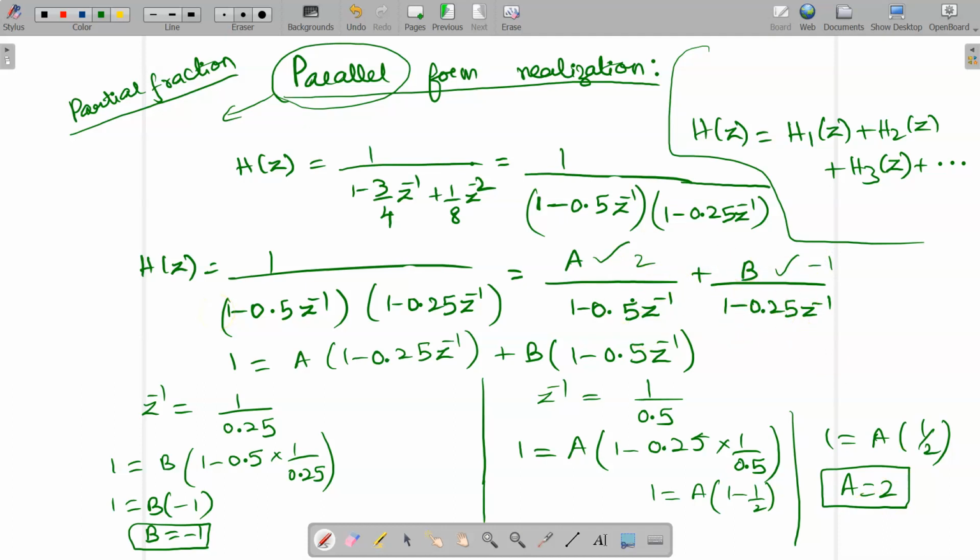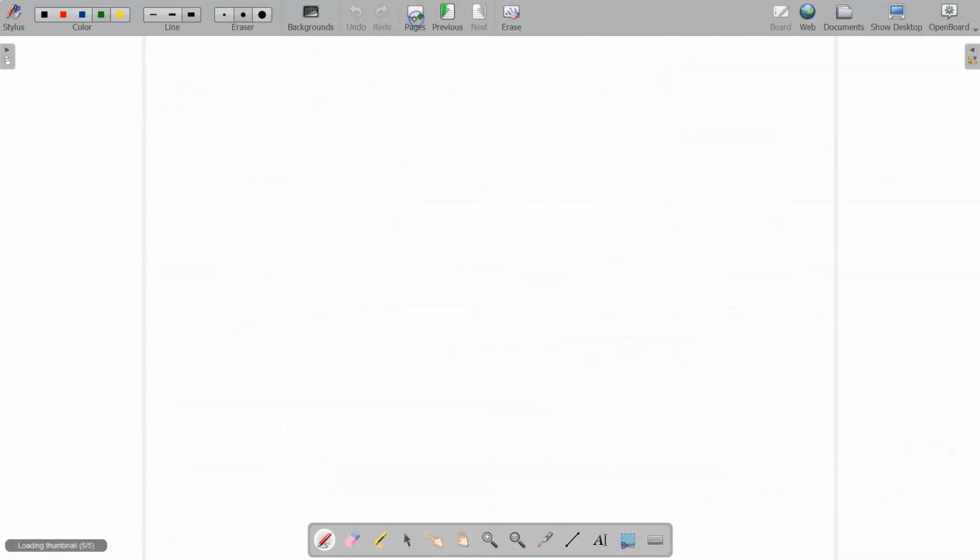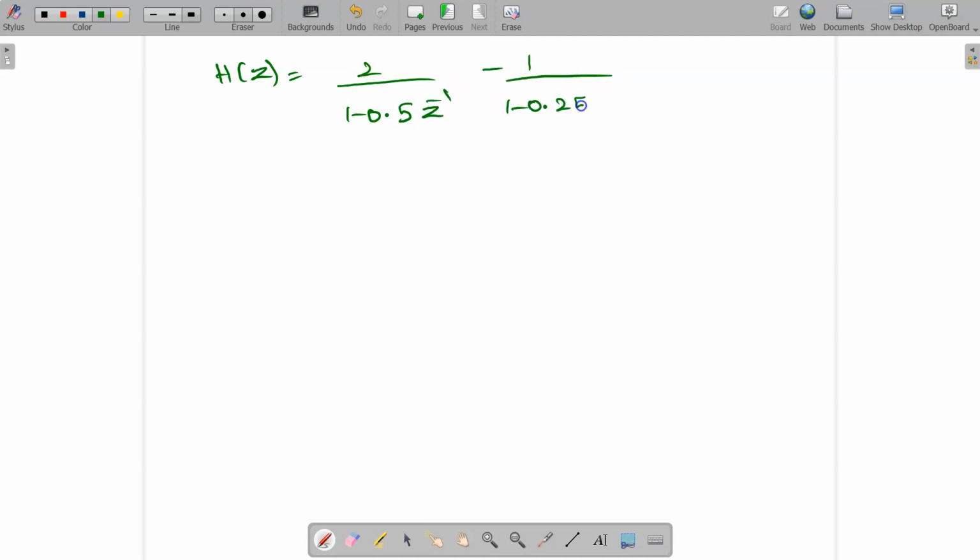So we can finally rewrite the expression as h of z equals 2 by 1 minus 0.5 z inverse minus 1 by 1 minus 0.25 z inverse. So this is h1 of z plus h2 of z.